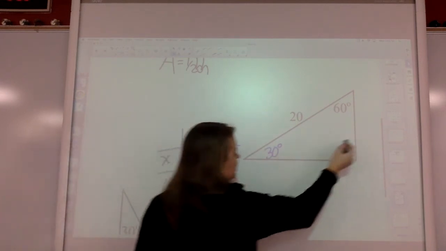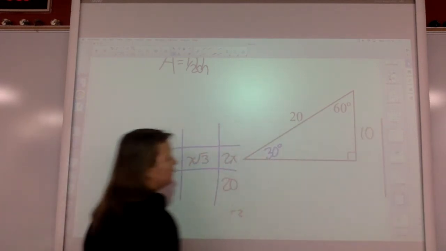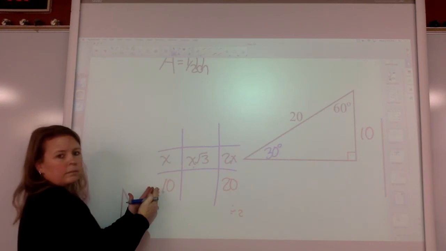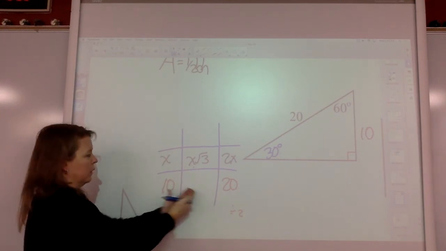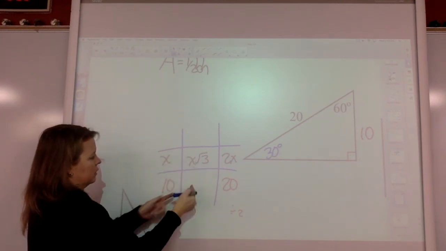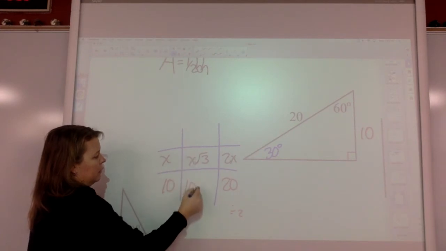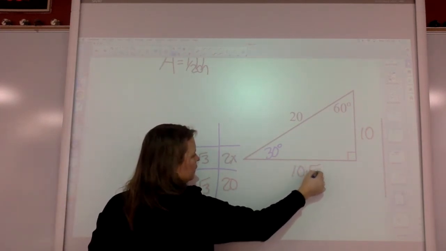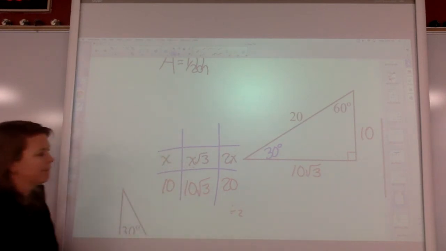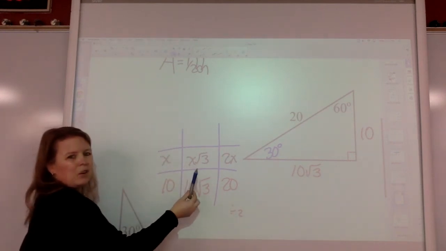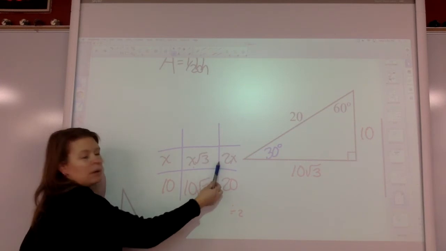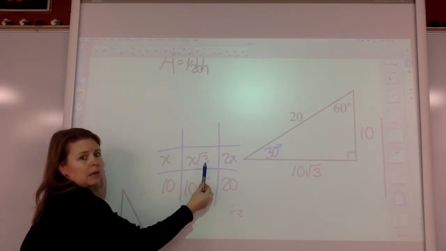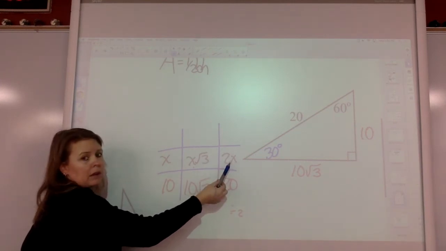And if we know that the side across from the 30 is 10, that's the small side, now we can work our way forward. If we know x is 10, you just put 10 in for the x and make it 10 square root of 3. Don't try to find a direct relation between the medium side and this large side.